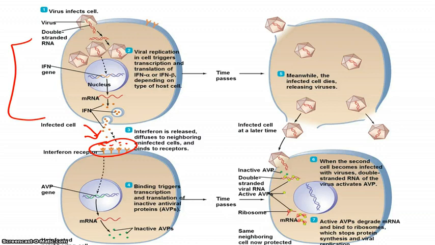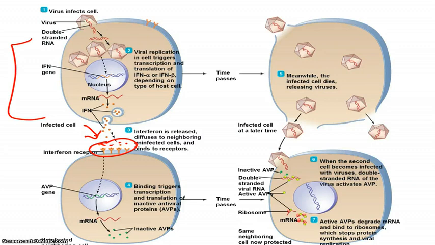So these neighboring cells will start really ramping up their antiviral protections. Viruses have to recognize and attach to potential cells that they're going to invade. So one of the mechanisms of the interferon response is that these neighboring cells will hide all their receptors. They cover their receptors with little caps to hide them from the virus. They also make certain enzymes that destroy RNA or DNA that's just floating around the cytoplasm.